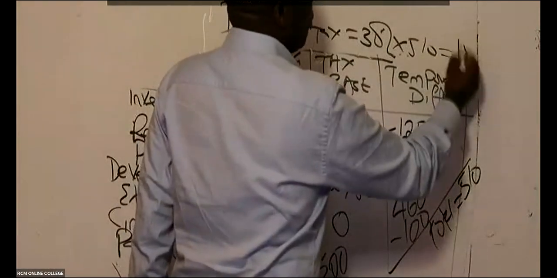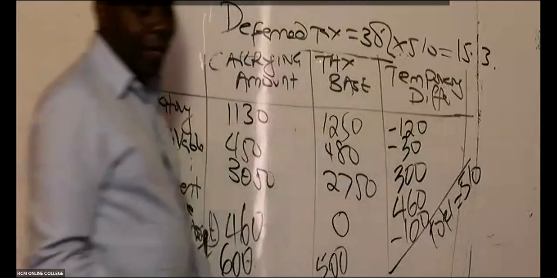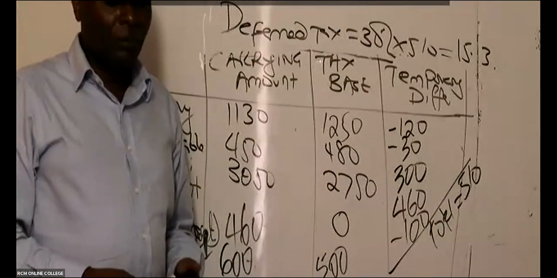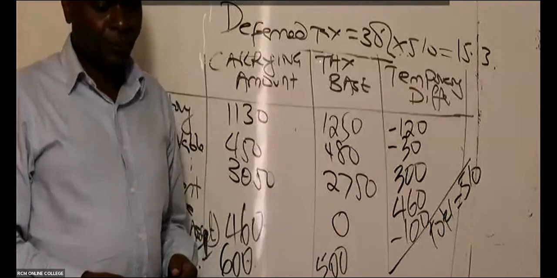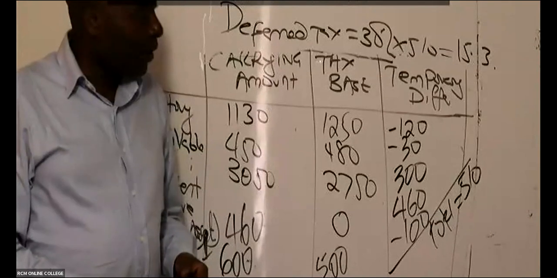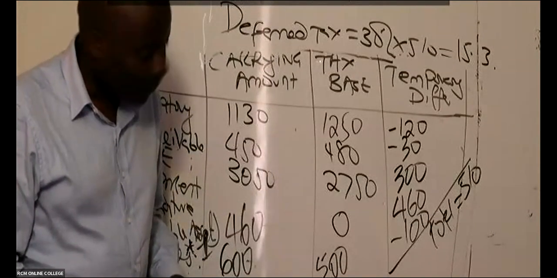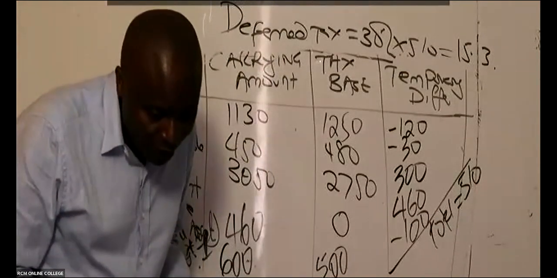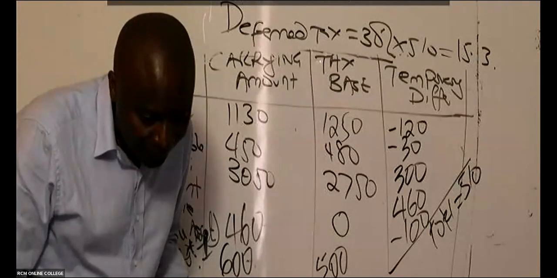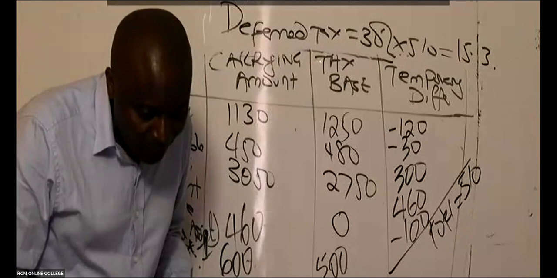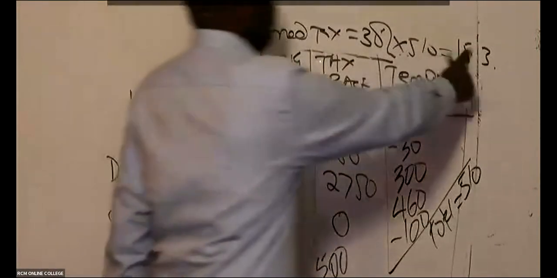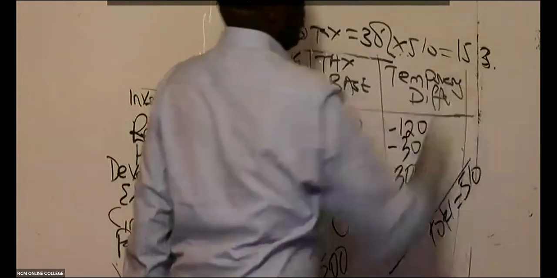Ladies and gentlemen, with that, is there somebody who can give us a deferred tax account? Is it 15.3 or 153? 153, 30%, yes, 153.